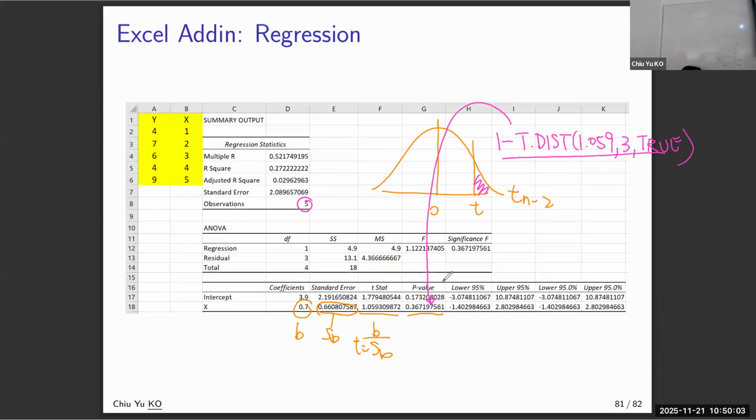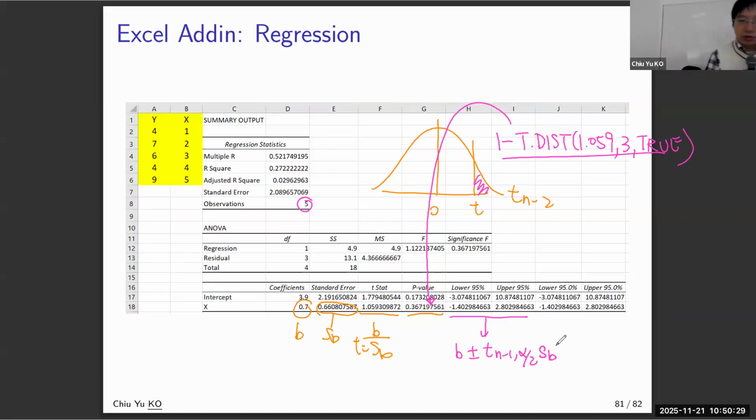Okay, and you can also calculate the confidence interval, right? This one is simply B plus or minus T with n minus 2 and alpha over 2, times S of B. S of B is here, B is here, but what's this guy?